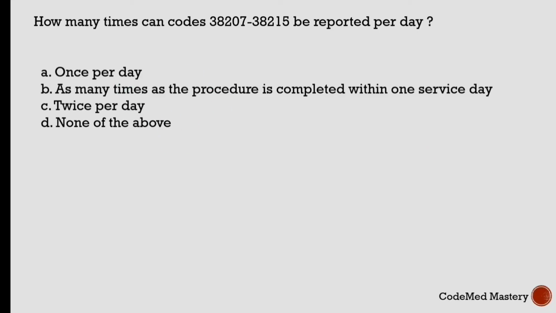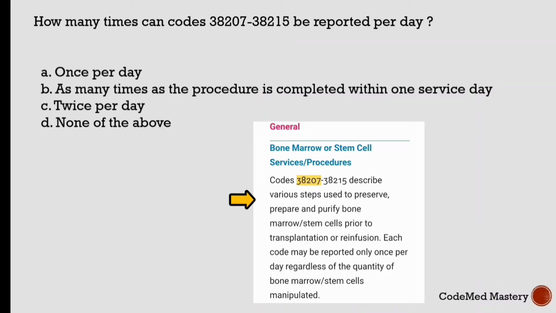When you see such questions in the CPC exam, don't get confused. The simple trick is just go and find the code 38207 in your CPT book. Above this code range 38207 to 38215, you can find a guideline. That is below bone marrow stem cell service, they have mentioned a guideline, right?